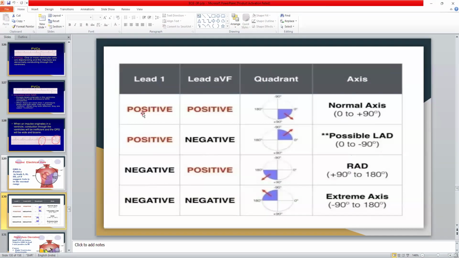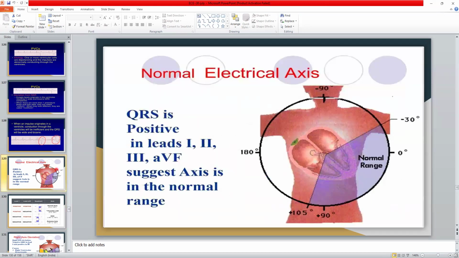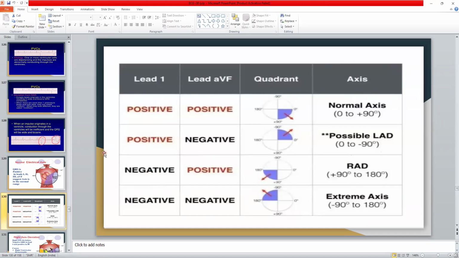If the R wave is larger than the S wave, it is positive. If the R wave is smaller than the S wave, it is negative.